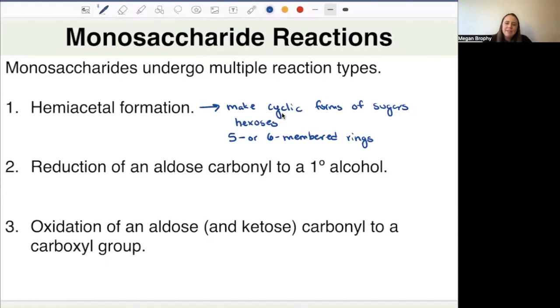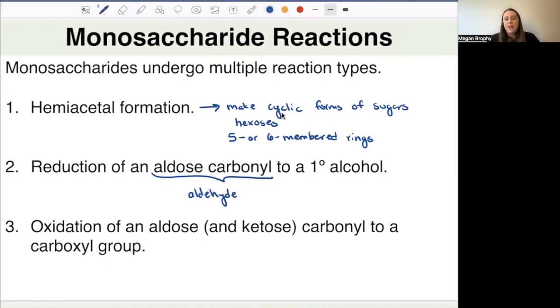Okay. And then in our sugars, we have carbonyls. And so those carbonyls are going to react the same way that we saw in our organic chemistry sections. So an aldose carbonyl is basically an aldehyde. It is an aldehyde. There's just other stuff there as well.